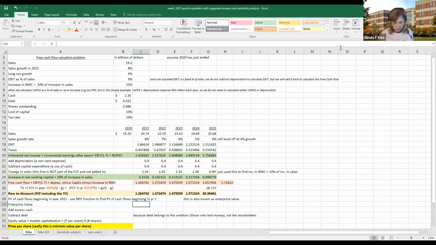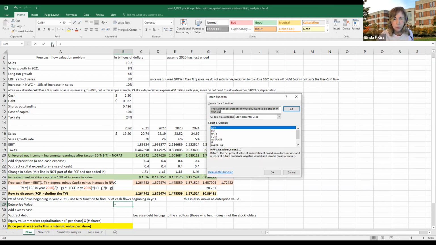So for the enterprise value, we will use the NPV function. Now remember, the NPV function does not calculate the net present value. It calculates the present value of a stream of cash flows beginning in year one. So if you haven't used it recently, type the function you're looking for, in my example, NPV, and press go.